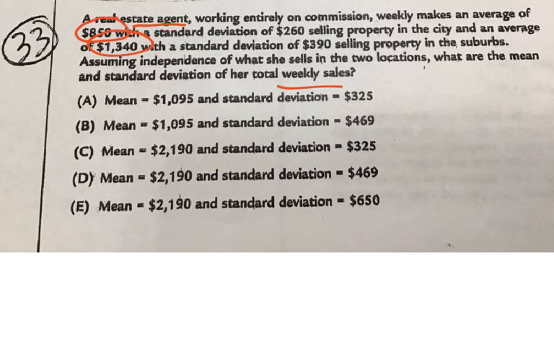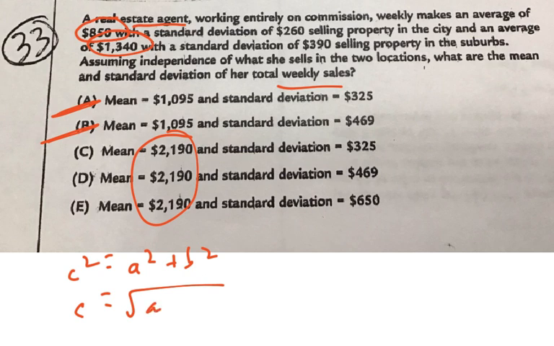Now, what about standard deviation? So, by the way, I can eliminate A and B, right? I know the mean sum should be 2190. Now, what about standard deviation? Well, guys, remember, we're going to combine by Pythagorean theorem. C squared is A squared plus B squared. Of course, C, therefore, will be the square root of A squared plus B squared, right?